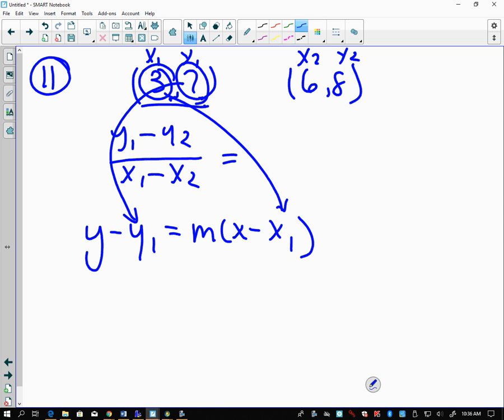Are you talking about up here? It doesn't matter. You can do y1 minus y2 over x1 minus x2. You can do y2 minus y1 over x2 minus x1. It won't change the slope. Okay? But once I have the slope, whatever this solution comes out to is going to go in here, and that's going to give me my equation in slope-intercept form. Does that make sense? All right.